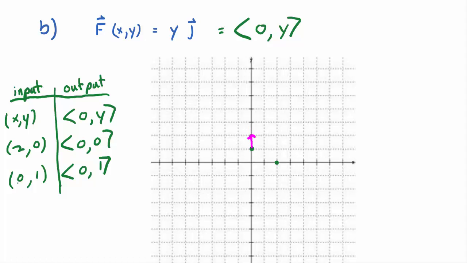But what would it look like if we made the input 0, 2? You'd go up the y coordinate. The x coordinate's always 0, right? That's what this says. X coordinate's always 0, so it's always a vector pointing straight up. And its length is going to be basically the length of the y coordinate, right? So it would be the vector 0, 2.